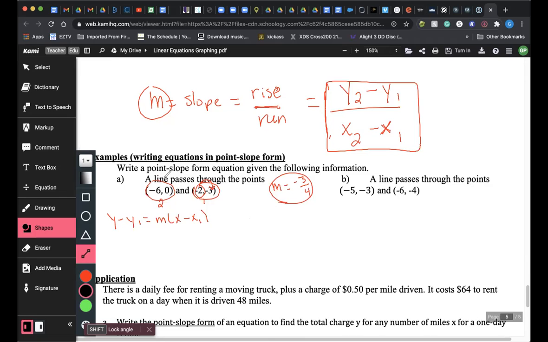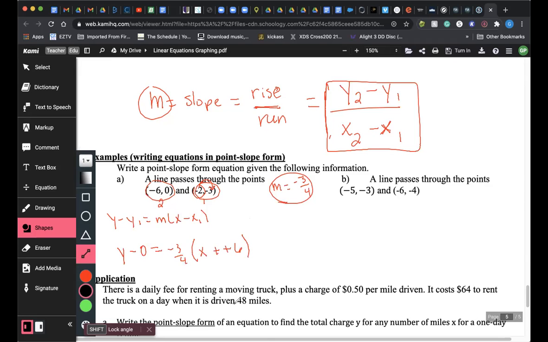Because I don't wanna do extra math, I'm gonna use the point that has a 0 in it, right? Like, that means I don't have to add or subtract anything. It's gonna be much easier for me, right? So it's gonna be y minus 0 is equal to -3/4 times x minus -6.